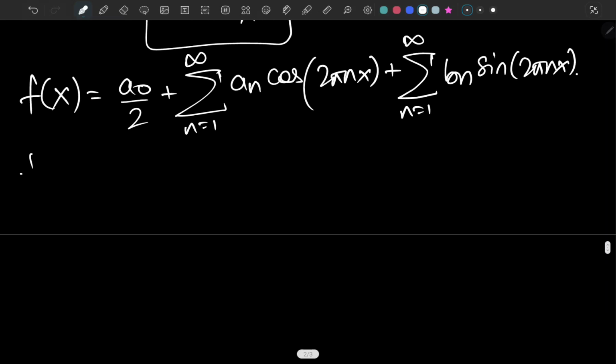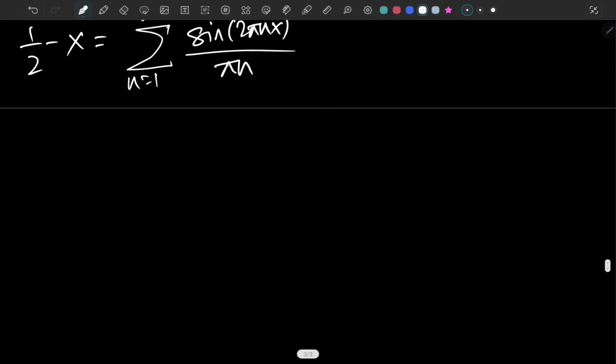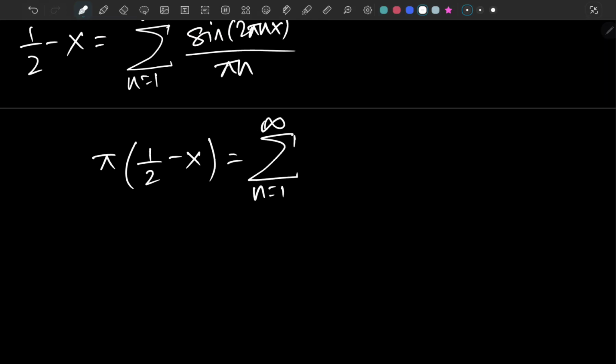So basically it's 1 over 2 minus x equals, a0 was 0, this is 0, this is 0 as well, and we have this sine term sum, and b sub n was 1 over pi n, so multiplying pi on both sides, that's going to give us pi times 1 over 2 minus x equals the sum as n goes from 1 to infinity of sine of 2 pi nx over n.